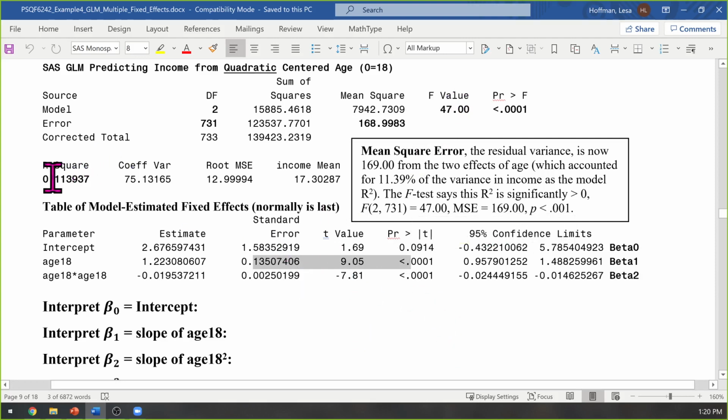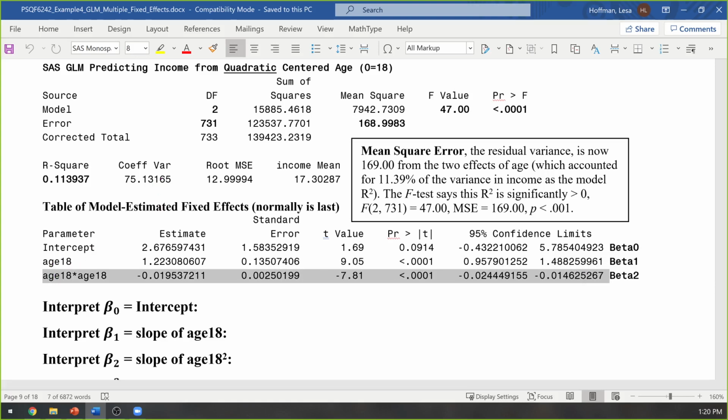So I'll say that again in total. The previous model that had just linear age in it, intercept plus linear age, explained 4% of the variance. I added a beta 2 for the effective age squared. That's the only thing that makes the models different.